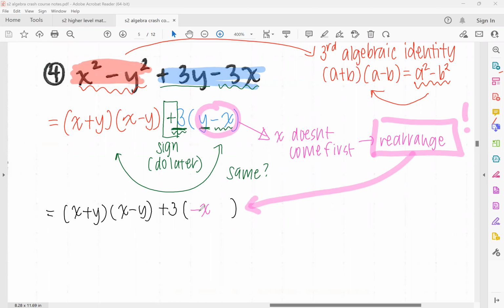All I do is just rearrange. So next, over there, is a positive Y or negative Y? Positive Y. So can you see? I didn't do anything. I didn't change the sign. I only rearrange.